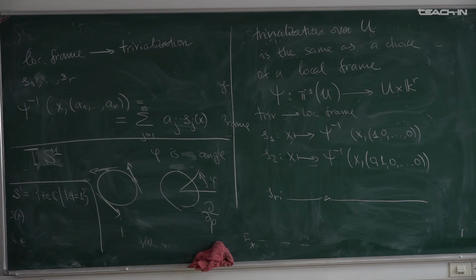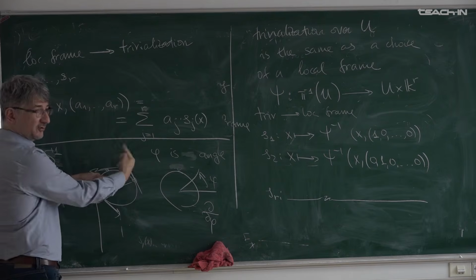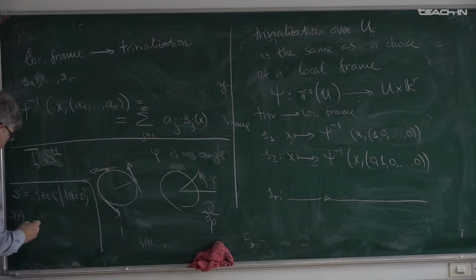You need to have a vector which is tangent to the circle at the point z and is non-zero. Can multiply by e? Yes, sure. Because here you just rotate this in this direction by pi over 5. This is a global section of this one-dimensional vector bundle. No problem. Okay? Let me ask you some more difficult question.